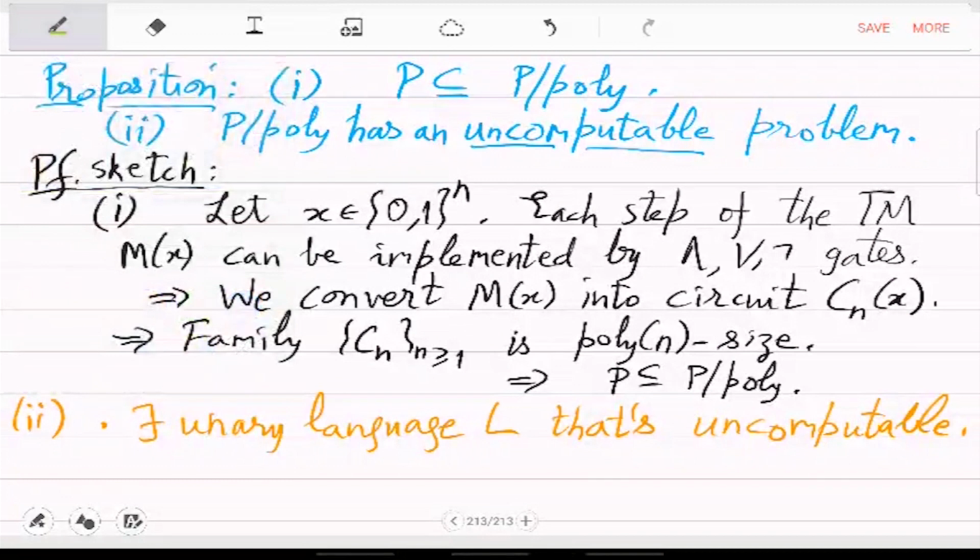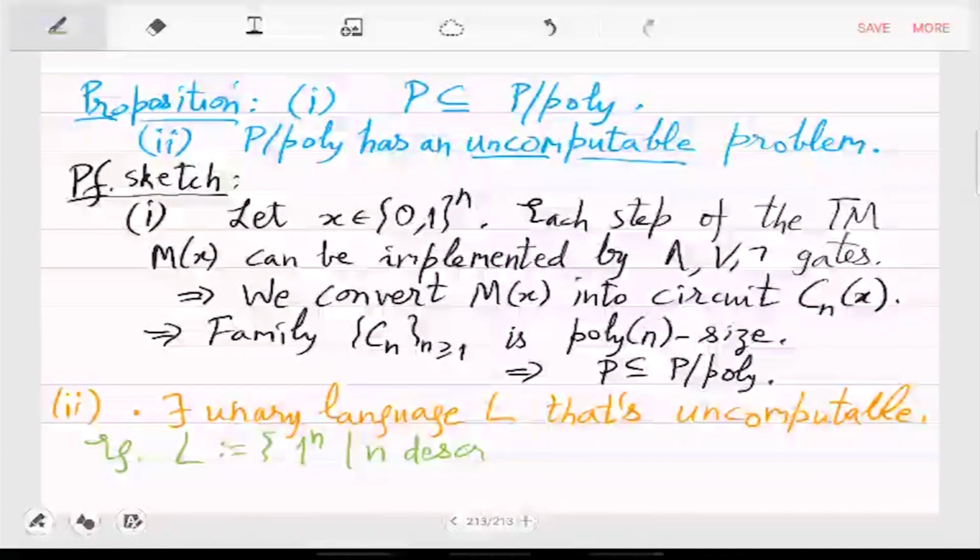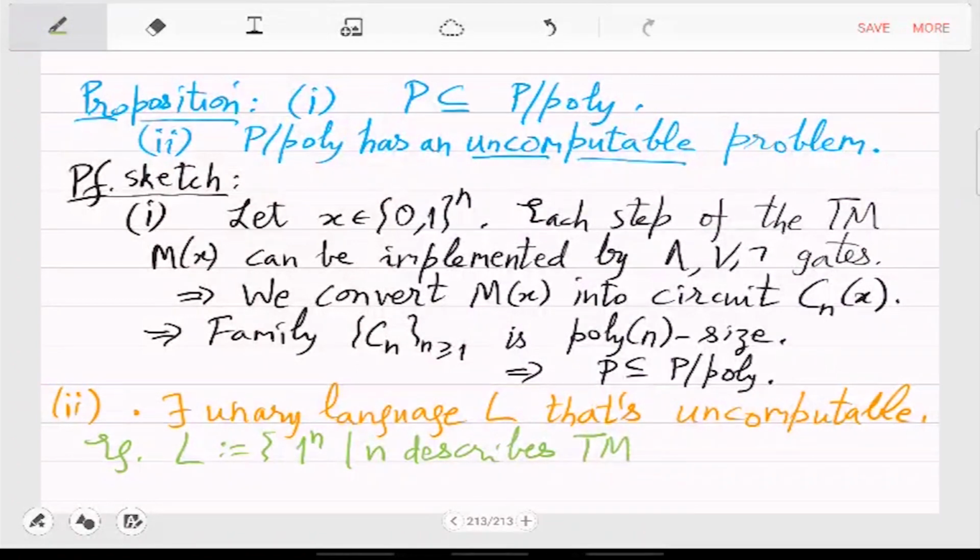For example, L which has those unary strings 1^n such that n describes a Turing machine that halts.